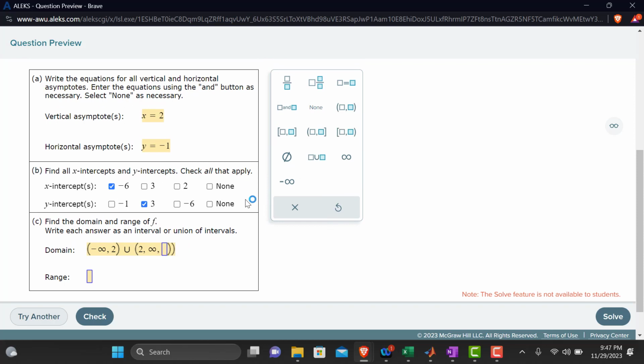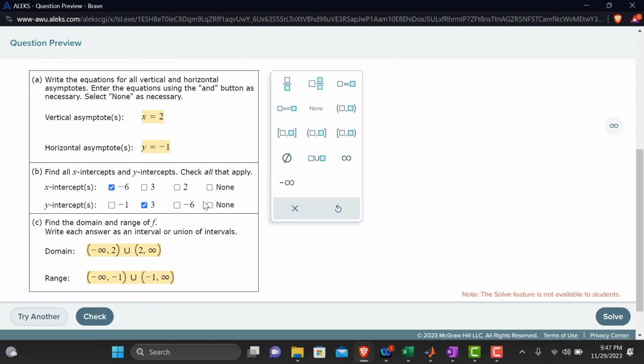Let's get rid of that. Let's put our infinity back in. So same idea, -infinity all the way to -1, and we're going to skip over that -1 and go towards infinity.